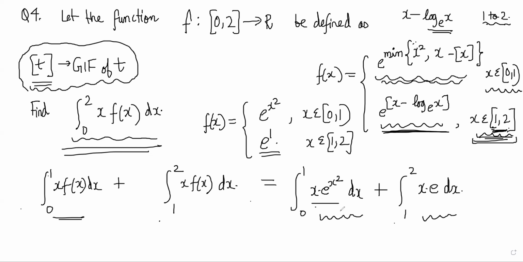For example, here we can take x square as t, and you will get dt by 2, e power t dt by 2. So the answer is half e power t. So half e power x square is the integral answer, and you'll do it from 0 to 1. So it will become e by 2 minus 1 by 2, right?